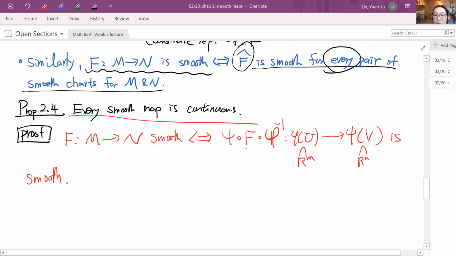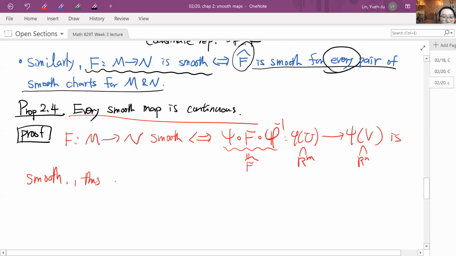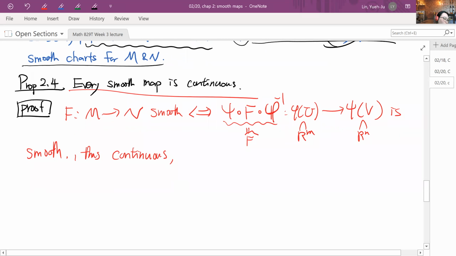But now, because this coordinate representation is a map between two Euclidean spaces that we know, and in Euclidean space we know that if a map is smooth, of course it's going to be continuous, then we can stop here for now.